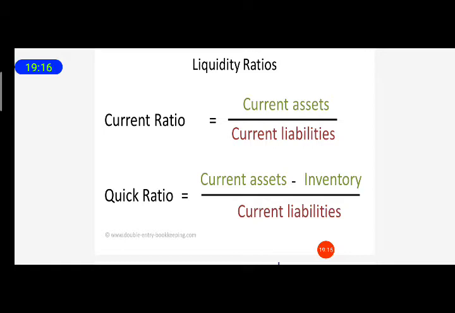The stock is not a liquid asset. It cannot be converted immediately into cash. Quick liabilities include all current liabilities excepting bank overdraft. The formula of quick ratio is equal to current assets minus inventory, divided by current liabilities. This is called the quick ratio.